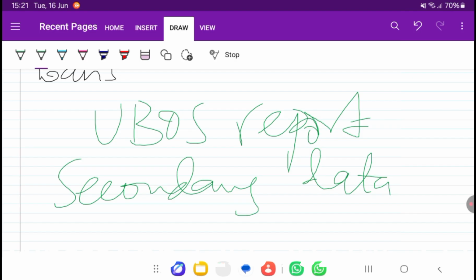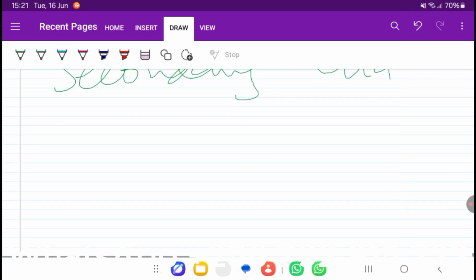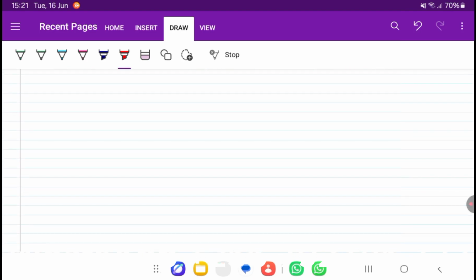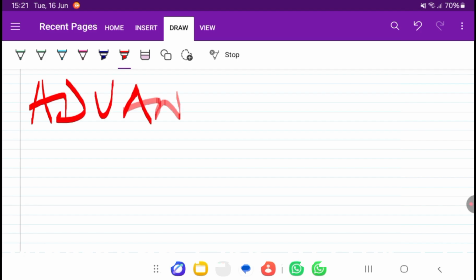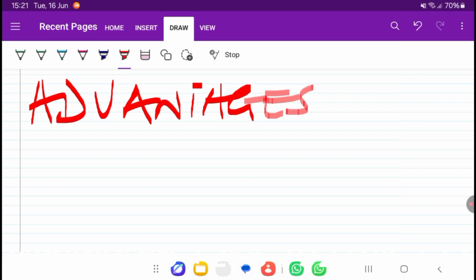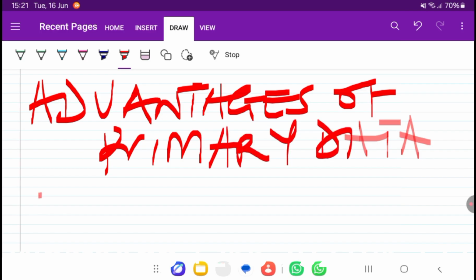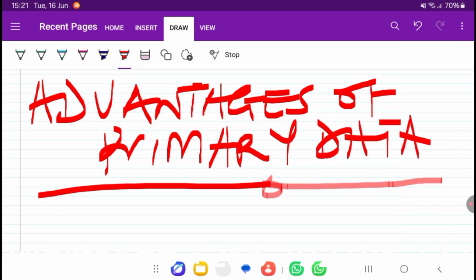So why do we go for primary data? Let's look at the advantages, or what we call the merits. Advantages of primary data.